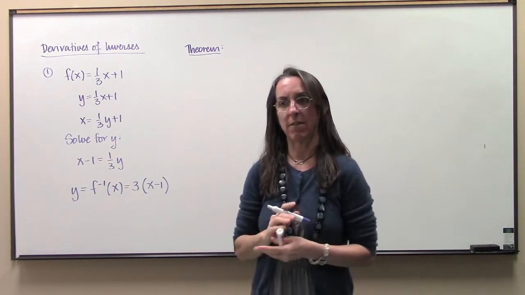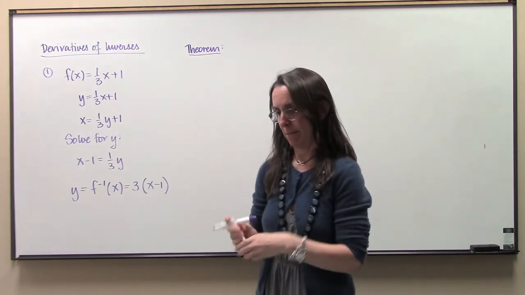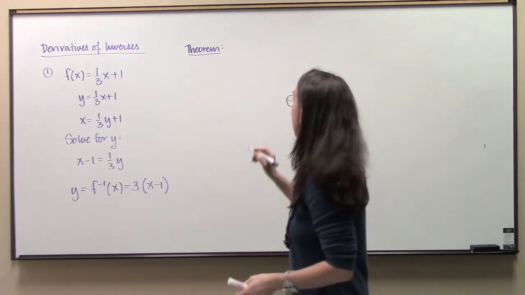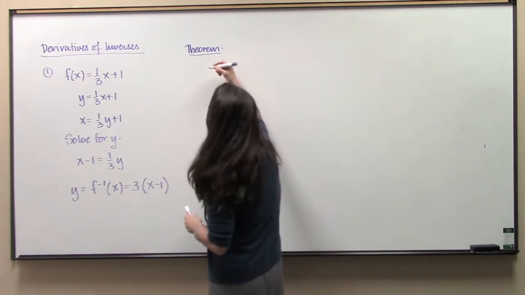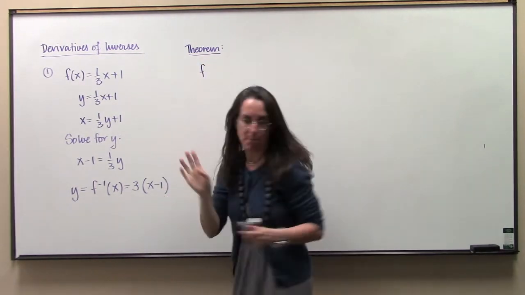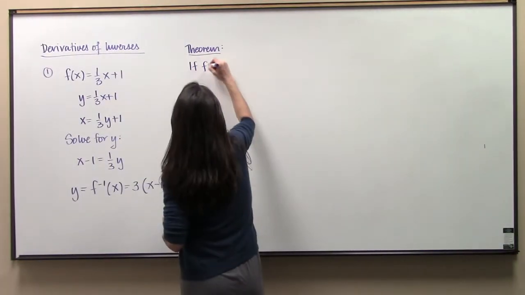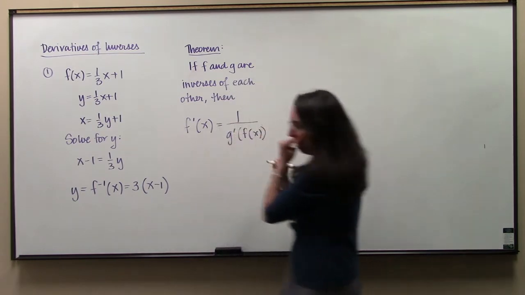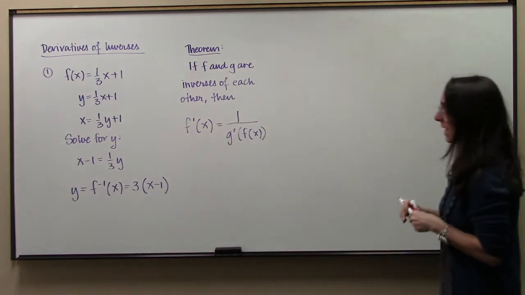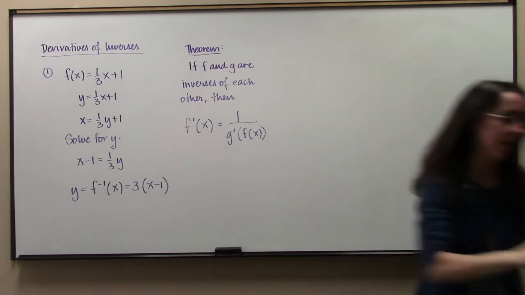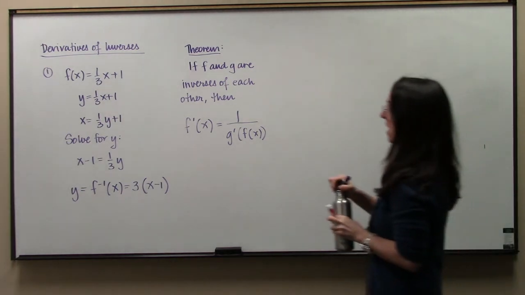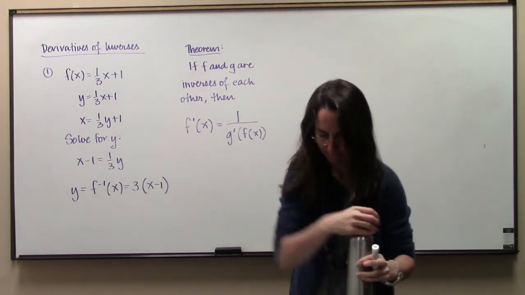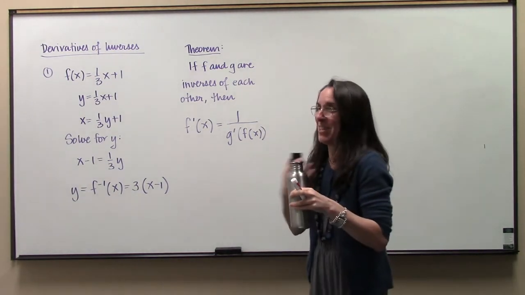The proof is kind of long and complicated, so if you're willing to trust me, then we can keep it short and not complicated. The theorem says that if f and g are inverses of each other, then their derivatives are related in this way.